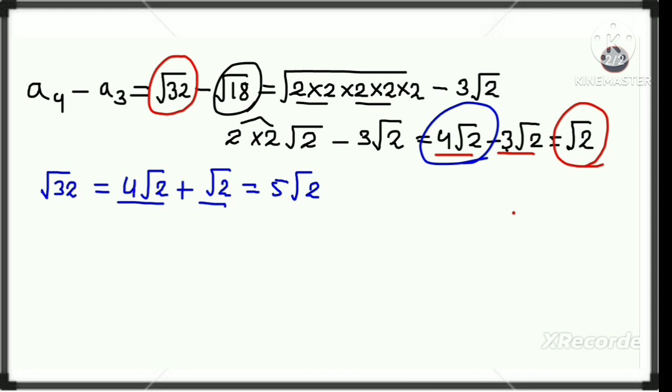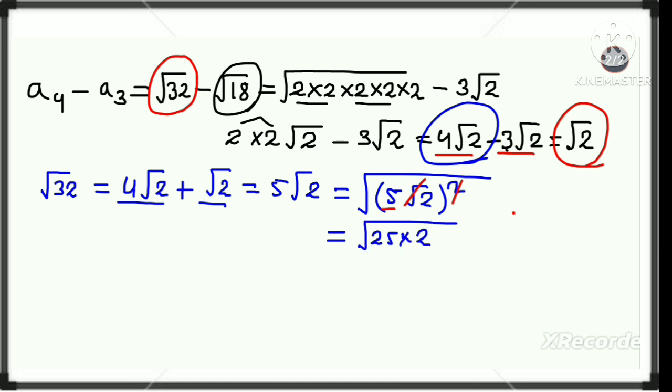Further it can be solved like this: 5 root over 2 whole square and put whole root. Now square of 5 will be 25, and this 2 and this sign of root can be cancelled out, and here remains only 2 and this whole root.